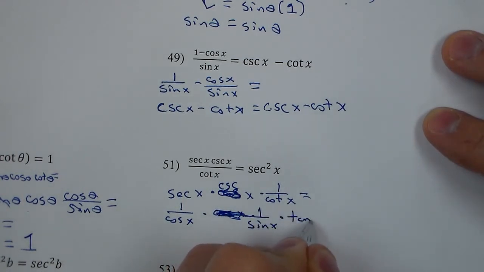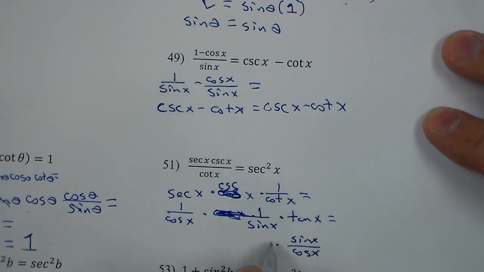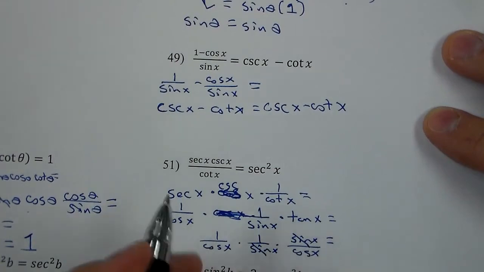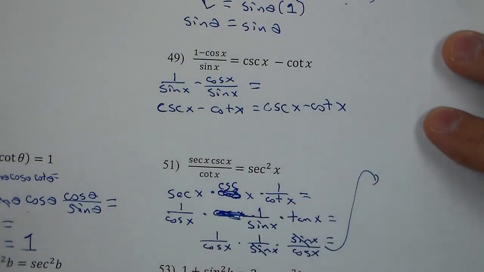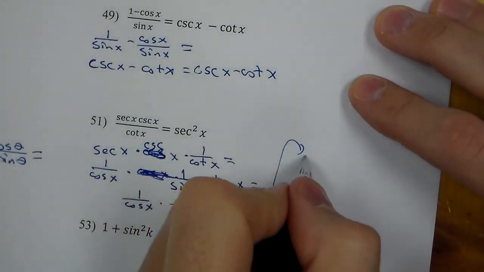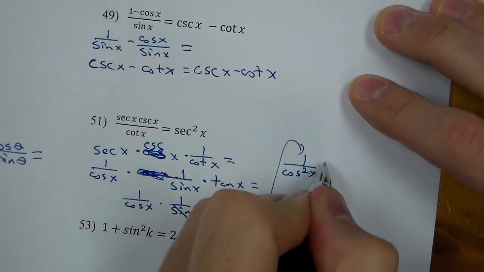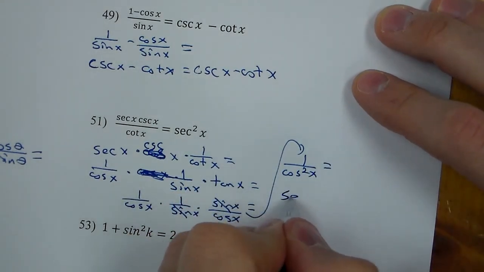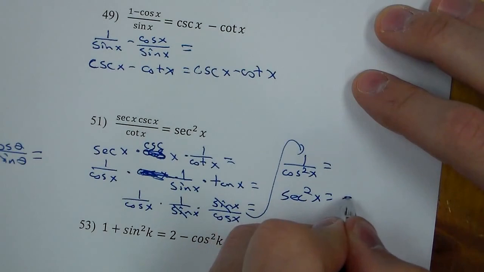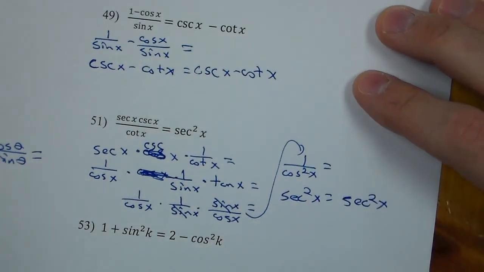Cotangent is 1 over tangent x, which is going to become sine x over cosine x. So now we have them all together. The sines are gone, so it's now 1 over cosine squared x, which its reciprocal is secant. Secant squared x equals secant squared x.